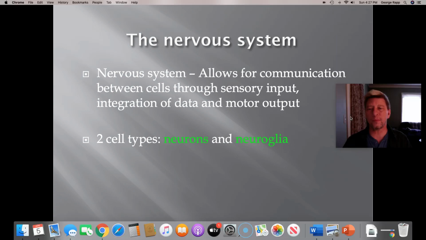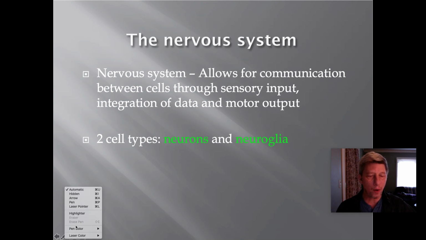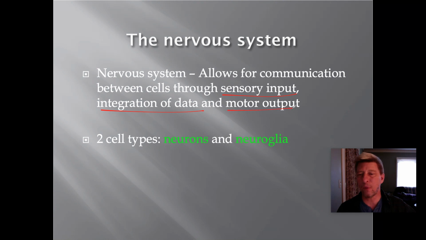The nervous system allows for communication between cells through sensory input, integration of data, and motor output. Now, I want you to remember those terms, all right? Sensory input, integration of data, and motor output.